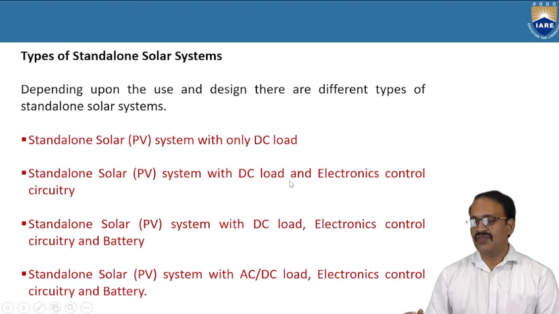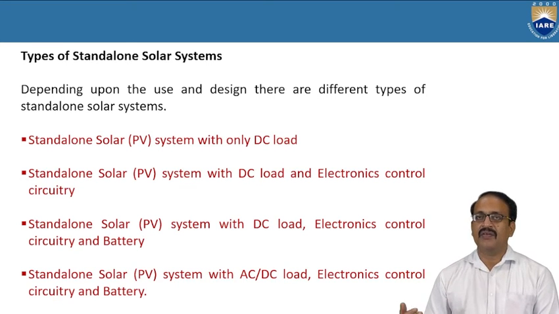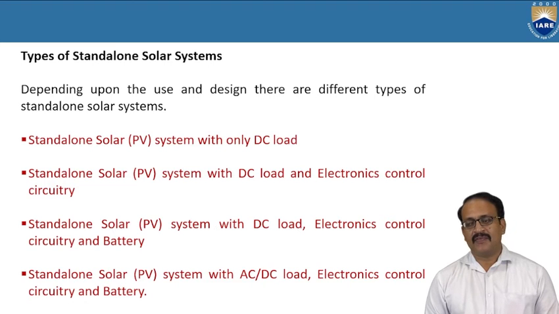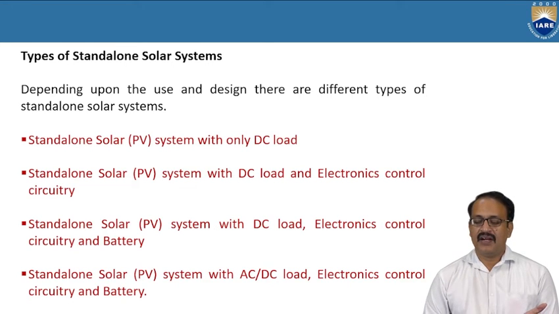So we are using more DC loads, more types of DC equipment, with the help of the circuit. This is the second type. These PV cells are producing power, and we are able to manage the requirements of different types of DC equipment with the help of the circuit.